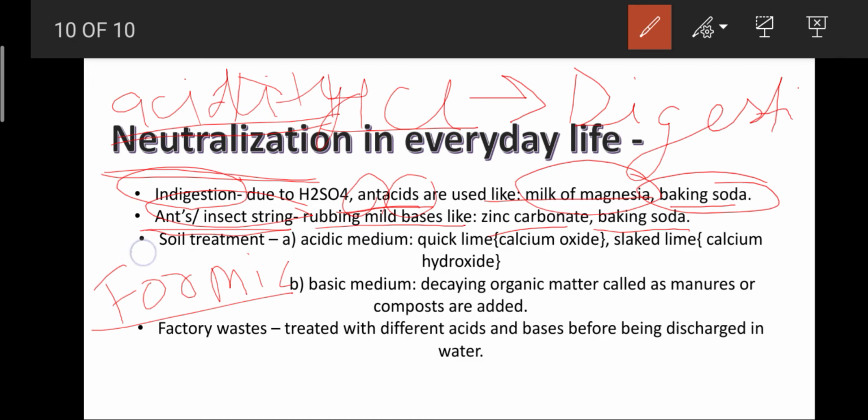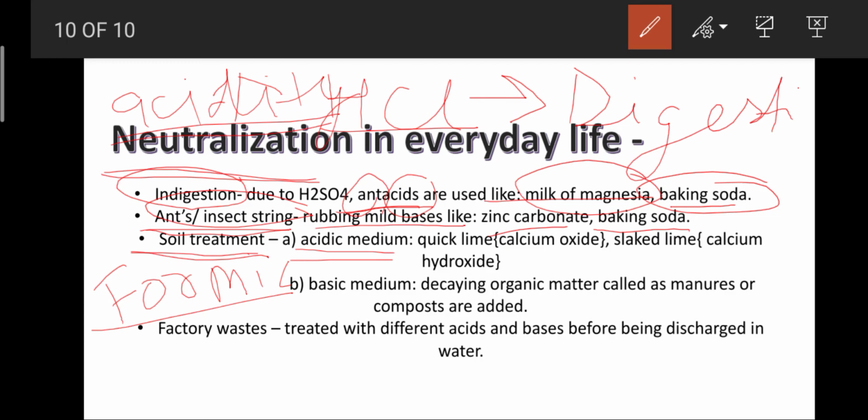Coming to the next one, soil treatment. We know that soil is important to grow plants. If we don't have an optimum amount of acid or base in the soil, the crop would not grow properly. So if our soil is acidic, we need a base to neutralize that, so that we will get a good crop.